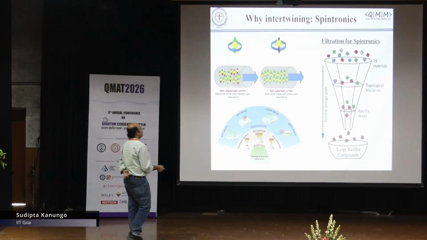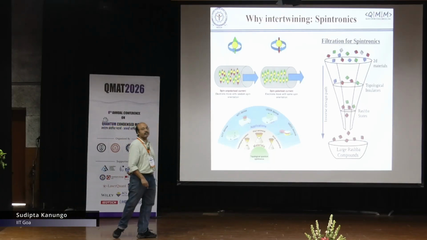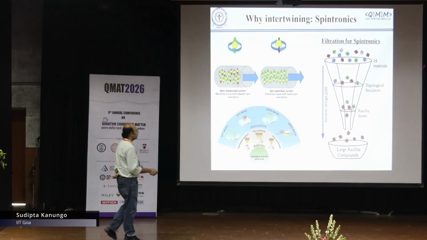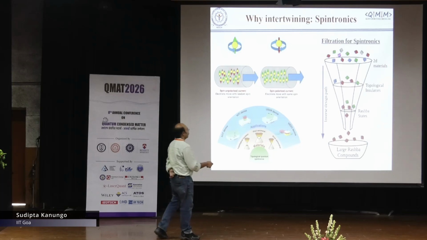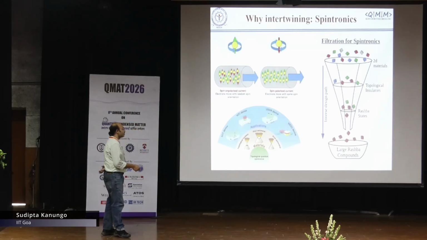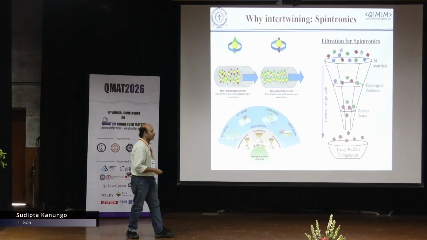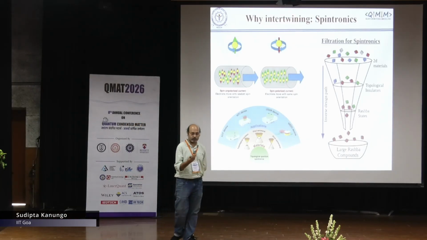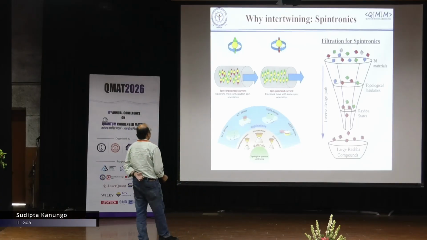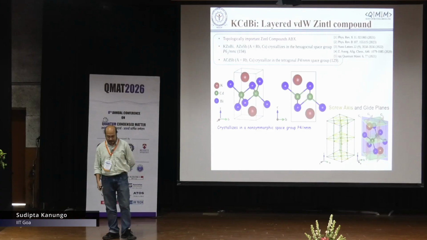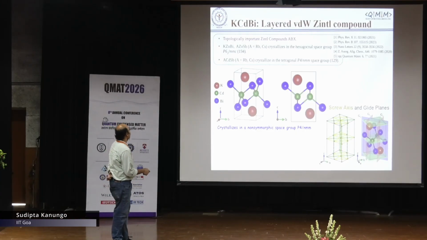As a result, it can be used as a kind of filtration process in spintronics, where we start with a 2D material, shortlist a few of the topological systems, and induce a large Rashba effect, giving a topological spintronics system.